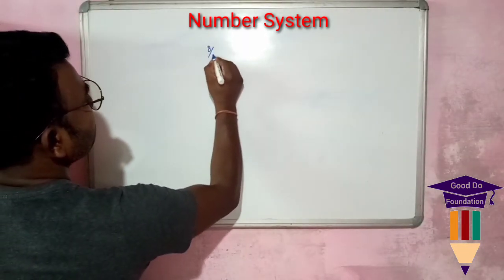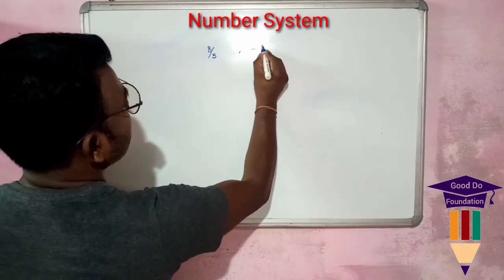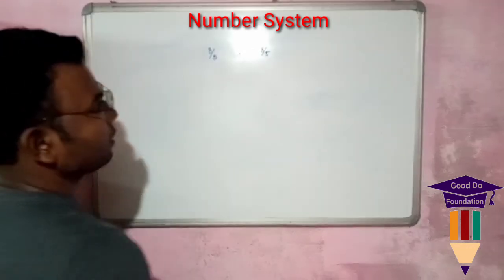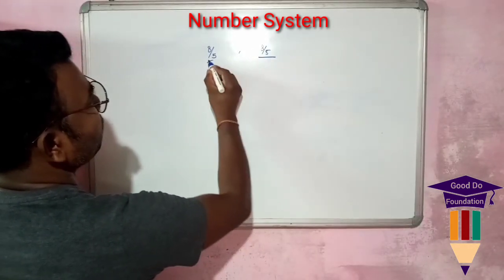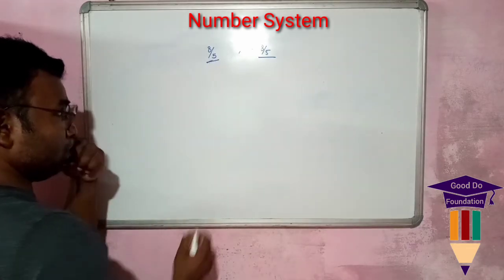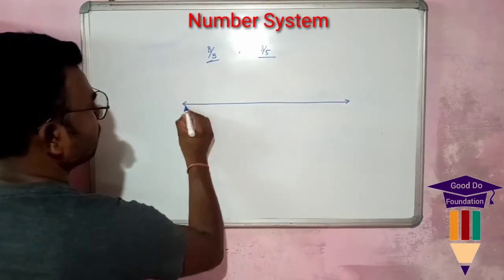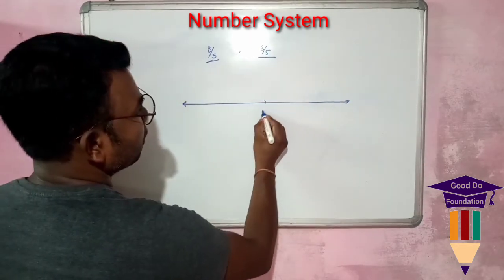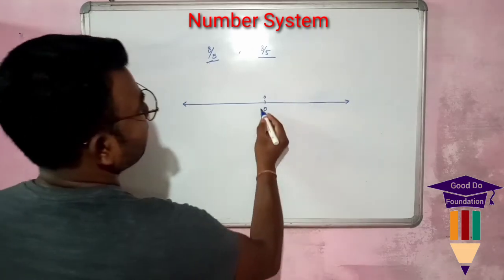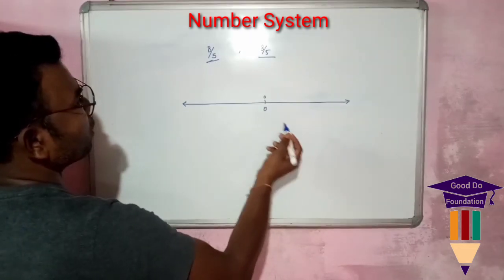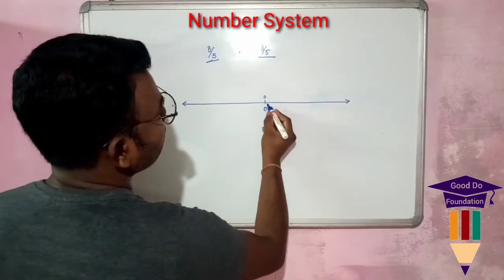Now let's do one more. We want to represent 8/5 and -8/5 on the number line. How you all are going to represent 8/5 and -8/5 on the number line? You draw a number line with 0 at O position, and then, as I taught you earlier, 8 and -8 you are going to find.